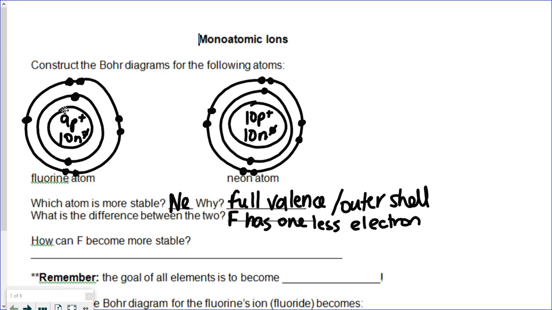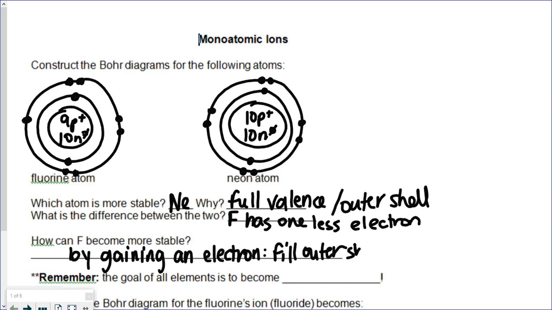It can't just be like, I want to be like neon and put on a cool neon jacket. Fluorine can become more stable by gaining an electron. That would fill its outer shell. Again, stability comes from the outermost shell being full.